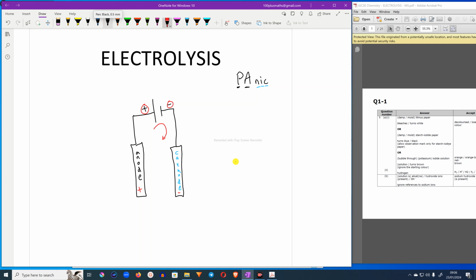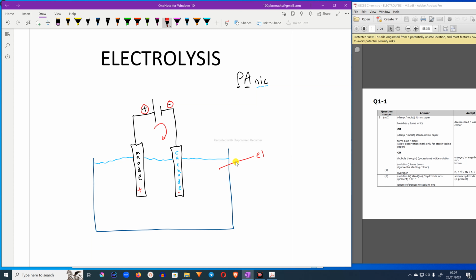And now, let's just label all these up. So the liquid there is the electrolyte.